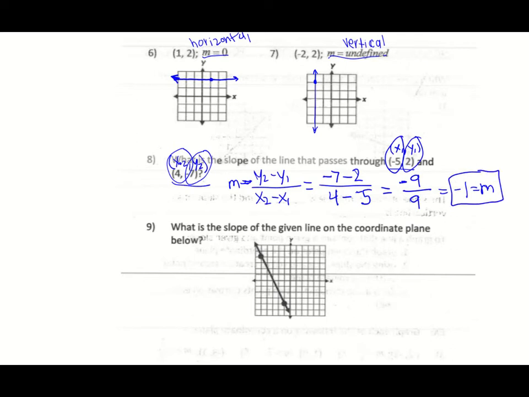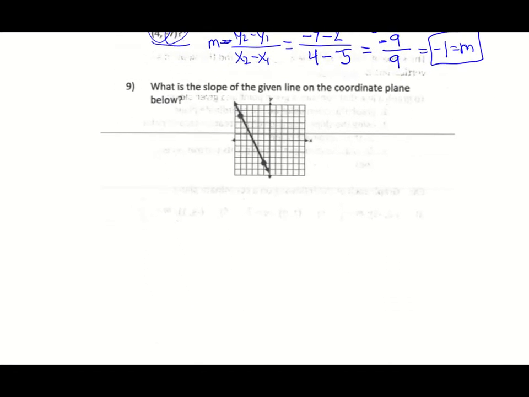Okay, last question. What is the slope of the given line on the coordinate plane below? When I have 2 points marked on my plane, all I need to do is count my rise over my run. So in this case, for my rise, I'm going down, so that means it's going to be negative.